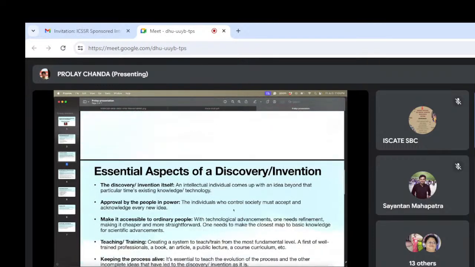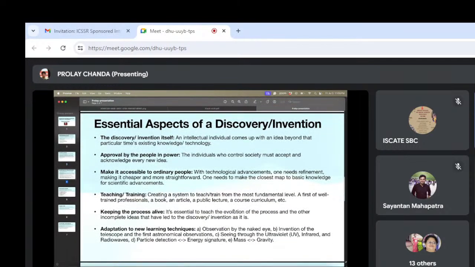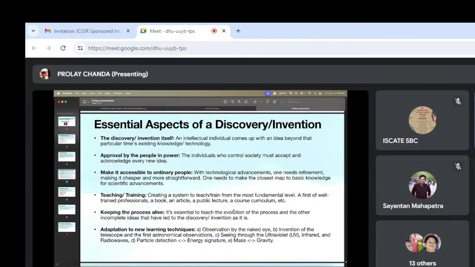And then, what happens when you discover something? First, someone smart enough discovers something, but immediately after that, it has to be approved by the broader society. And by broader society, I mean it is not only about the politicians. For example, when you write an article, the scientific community has to approve it. That's what happened to Galileo.